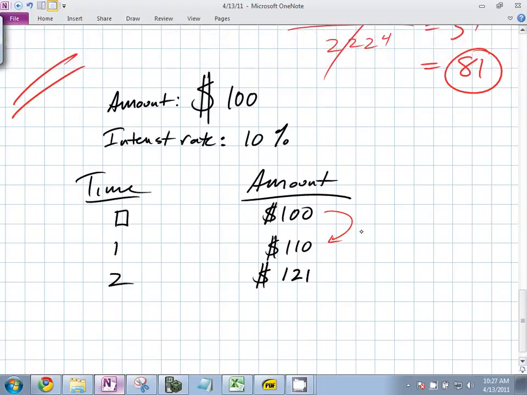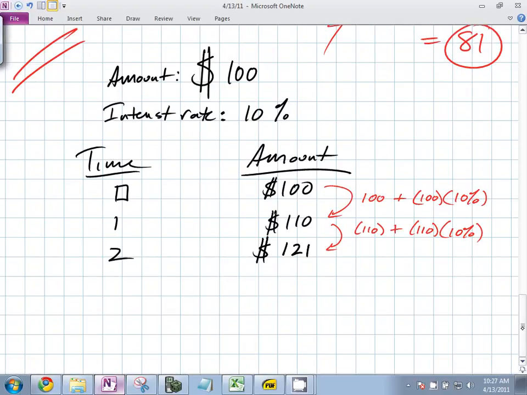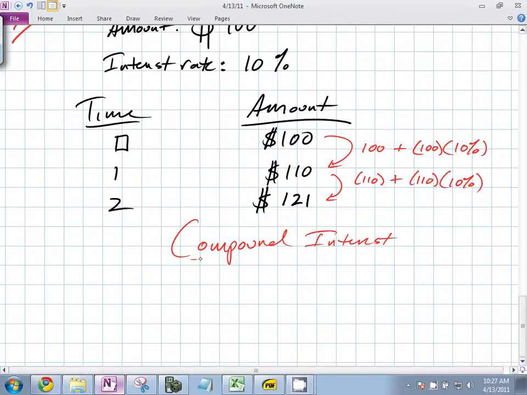How did you get from here to here? You did 100 plus what? 100 times 10%, which is 0.1, yes. And then you had 110. How'd you go from there to there? You did 110 plus what? Times 10%. Ah, so that's the topic today, compound interest. Can someone say really simply what compound interest means?